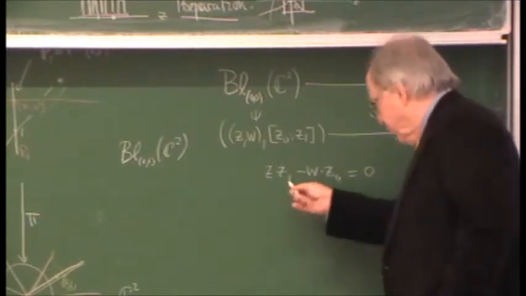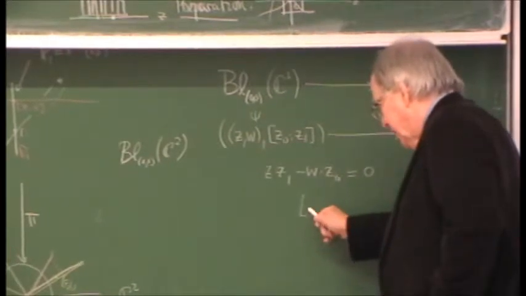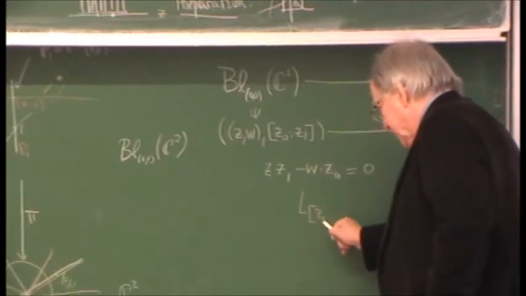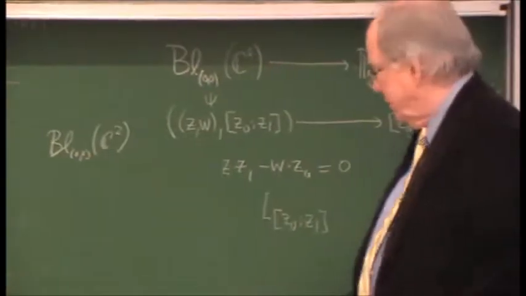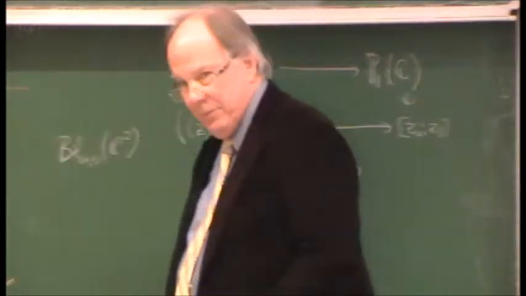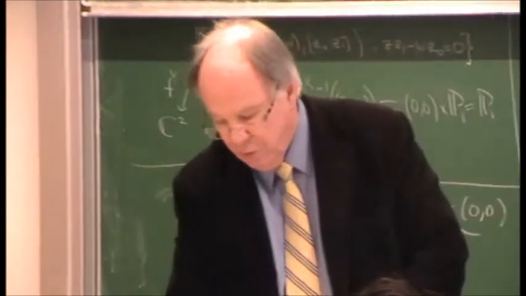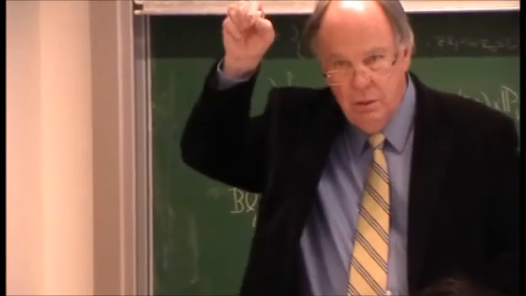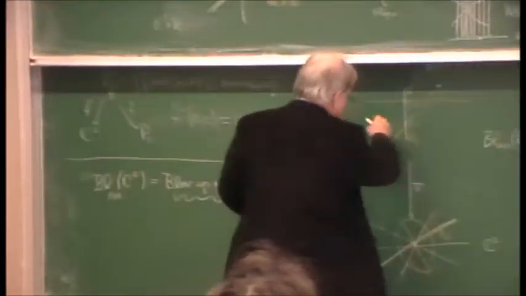That equation over this fixed point is simply this line. I mean, of course, it's the line over this point. So to each point in projective space we have a line. Clear, right? And you see it here. These are all these lines just in here.